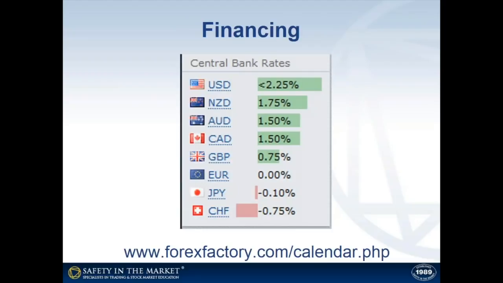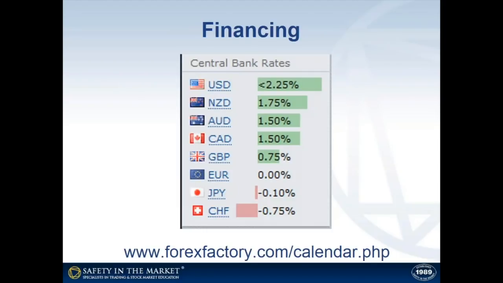Now, I'll talk about this a little bit more in a moment. You can't just buy a currency pair because of the interest rate differential, but if you've got two very similar looking trades, sometimes the interest rate differential is going to be that trigger that says, you know what, I'll take this pair instead of that pair because I'm going to get paid to be in this pair, but I have to pay to be in the other pair. That's if all else is equal.